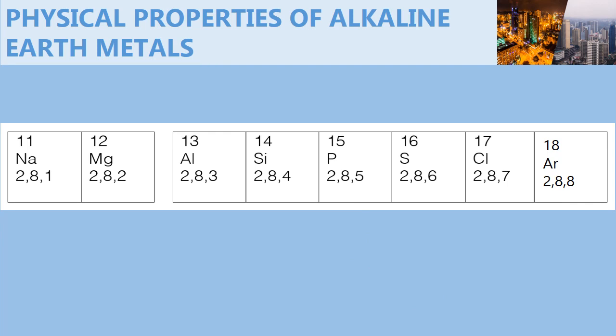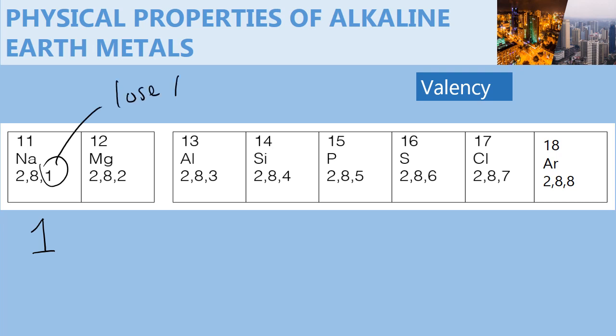The next property that we're going to discuss is valency. As you can remember, group 1 elements such as sodium have a valency of 1 because they have 1 electron in the outermost energy level and usually react by losing 1 electron. Group 2 elements have 2 electrons in the outermost energy level and therefore have a valency of 2.